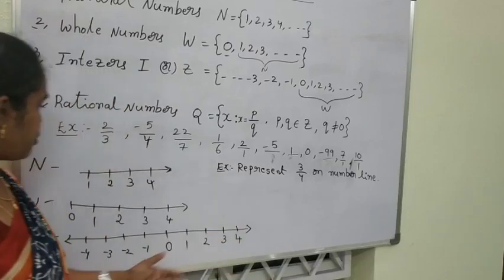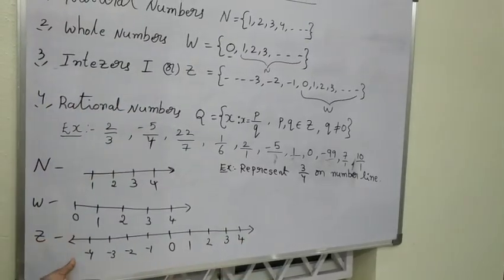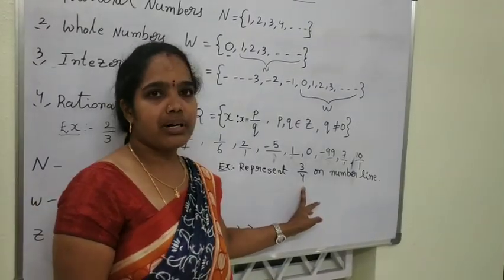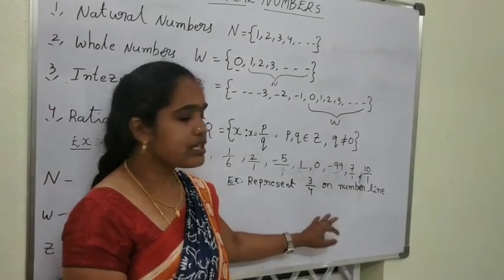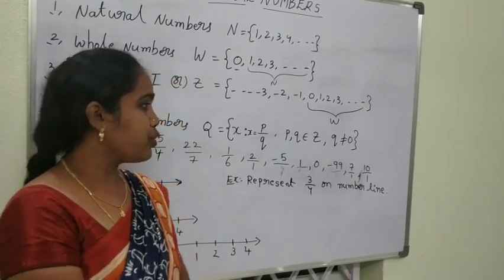How to represent? Now we have completed natural numbers, whole numbers, integers. Now 3 by 4, which number? Rational number. So how to represent rational numbers on the number line? That is what we are learning now. So 3 by 4, how to represent?